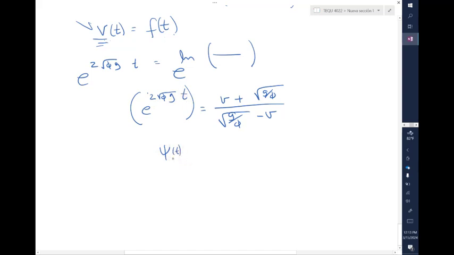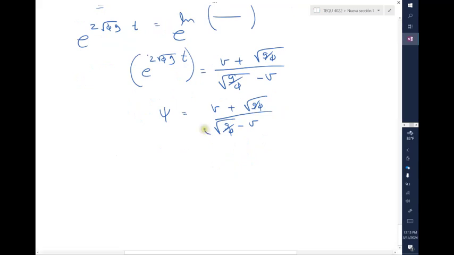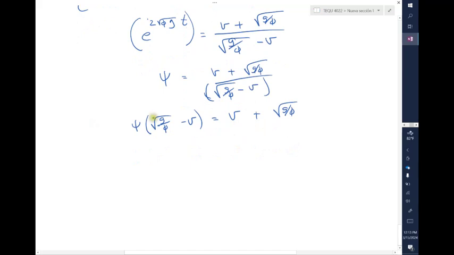But just to avoid writing too much, let's call it psi for now, equal v plus... If I multiply by this denominator, both sides, I end up with this. Up to there, perfect.